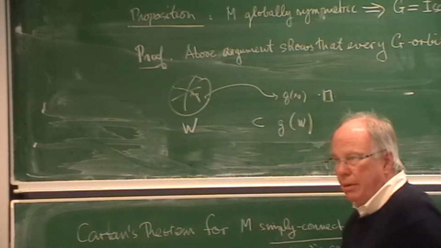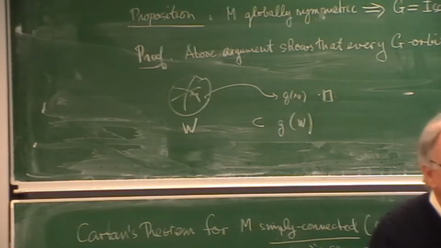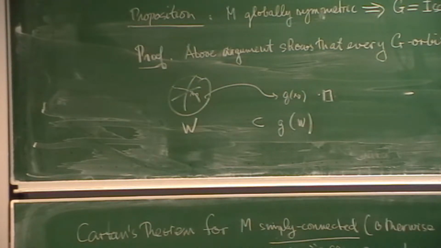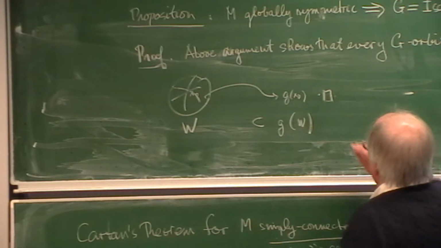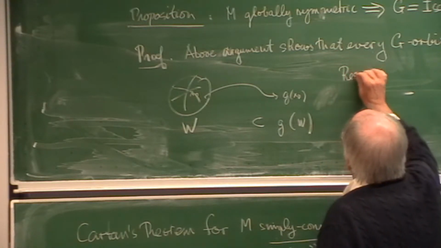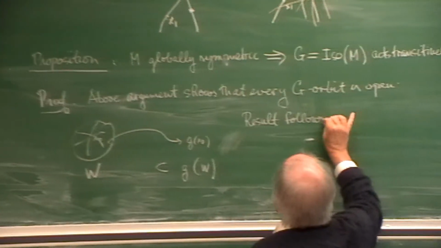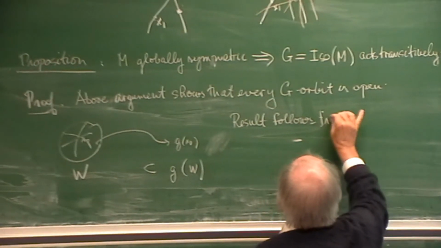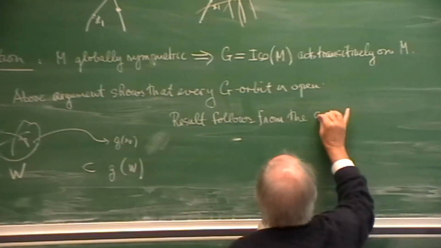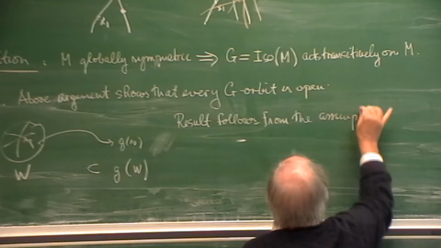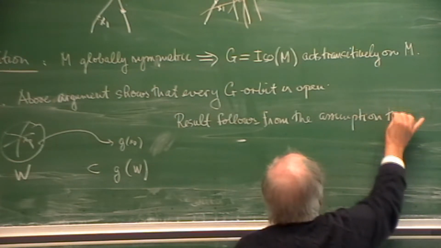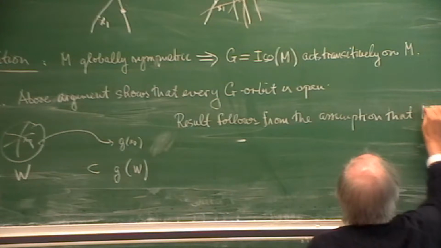So every G orbit is open, and the manifold is connected. So G orbits are disjoint or the same. They have to be the same, otherwise it would be disconnected. So the result follows from the assumption, and it's connected.